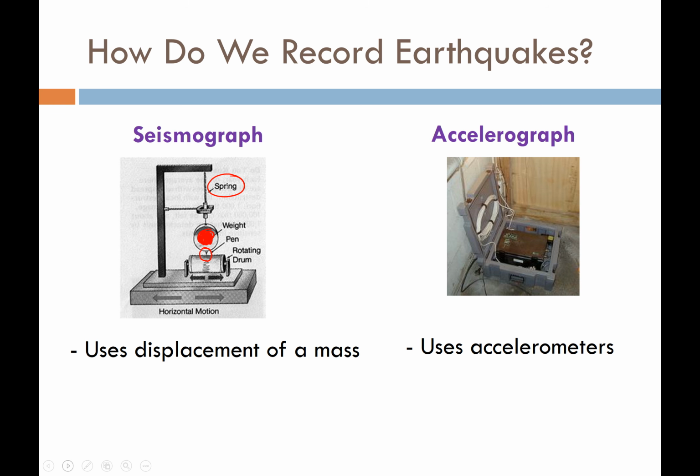Today, most of the ground motion records are recorded not with seismographs, but accelerographs. This is a common misconception because a lot of people, even myself included, are going to say seismograph, seismograph, seismograph. But what we really mean is accelerograph. Accelerographs use accelerometers, like what's in your digital phone, for instance.